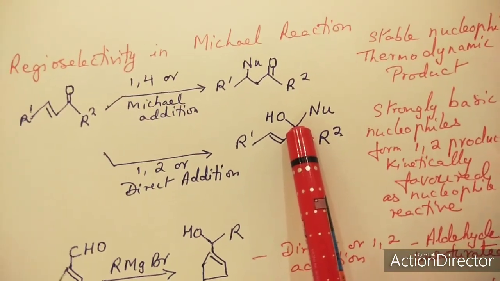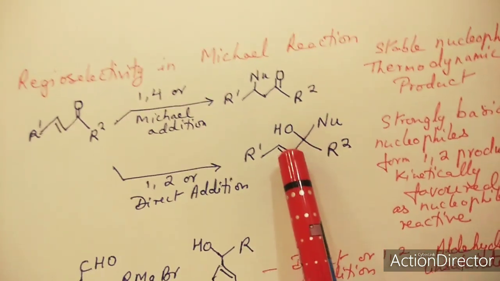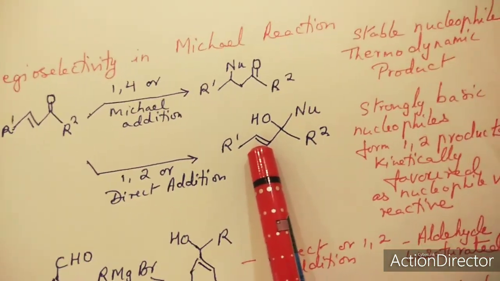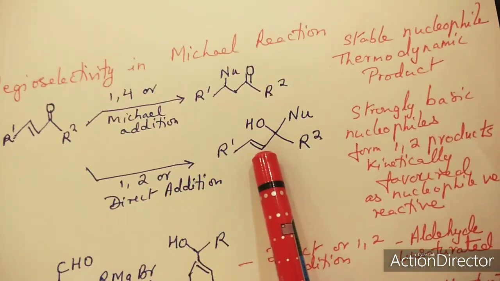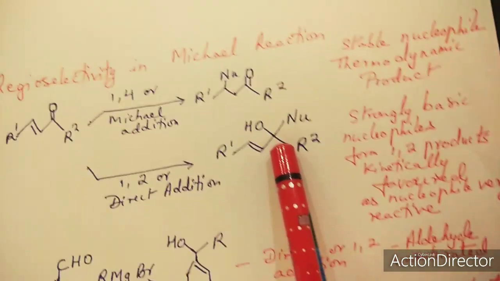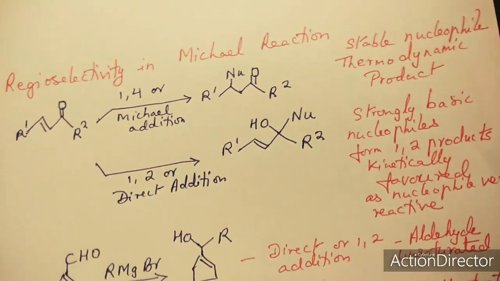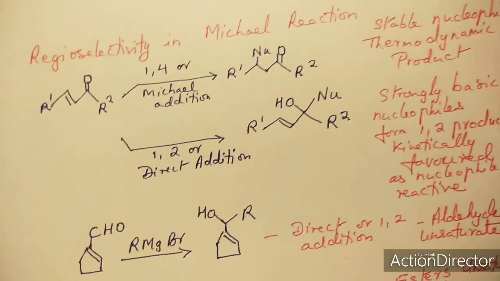Direct means attack on the carbonyl. So O negative H, and here's our nucleophile. And this bond CC will remain as such. In other words, because the nucleophile is strong, very basic, and highly reactive, it will at once tend to attack this carbon double bond oxygen, leading to the formation of a direct product. So it is kinetically favored as the nucleophile is more reactive.